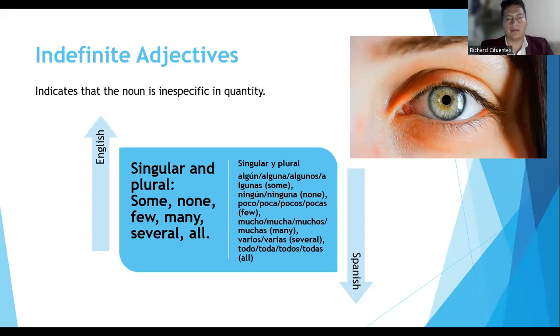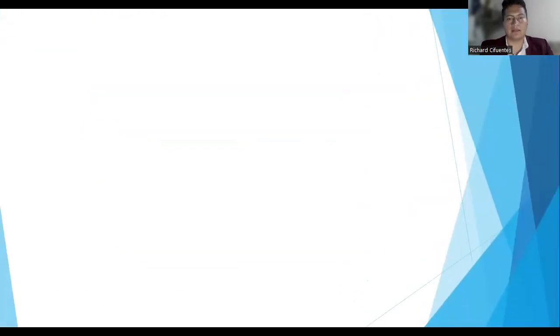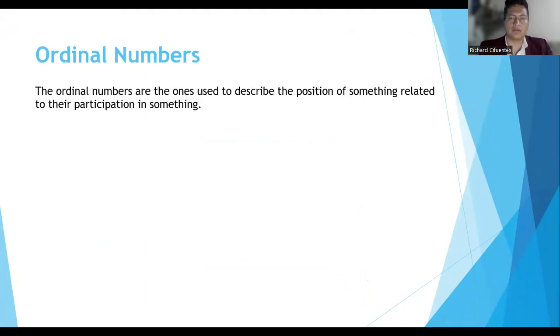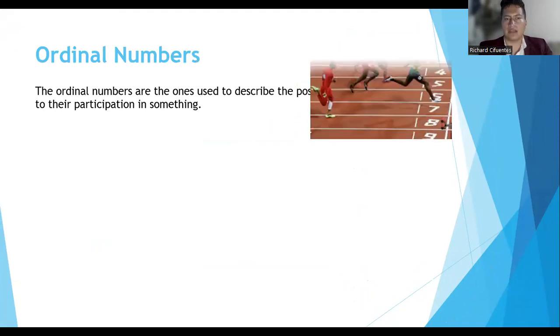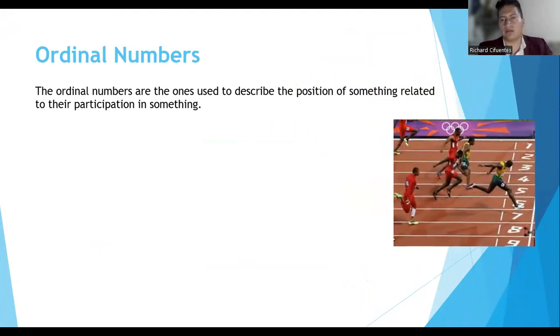Let's continue, please. Let's start with ordinal numbers. Okay, the ordinal numbers describe the position of something in relation to the participation of another one. I found it interesting to add a Usain Bolt picture because he's the most rapid and effective runner in history.